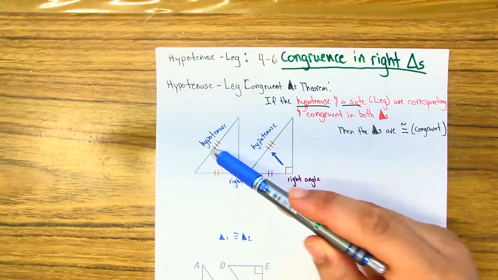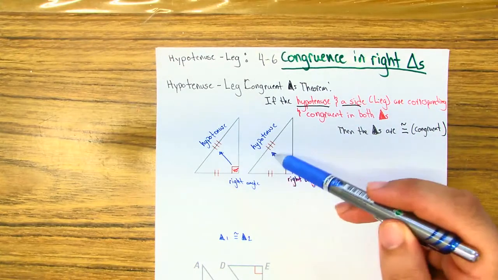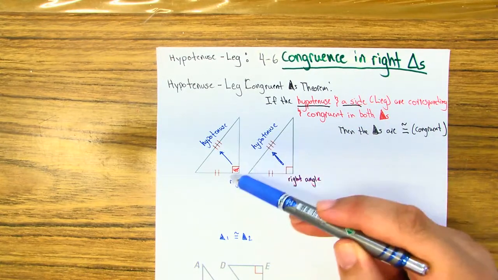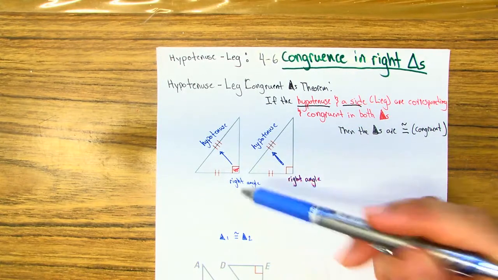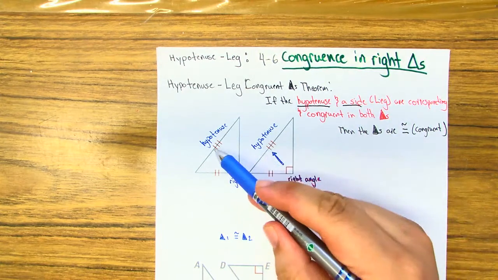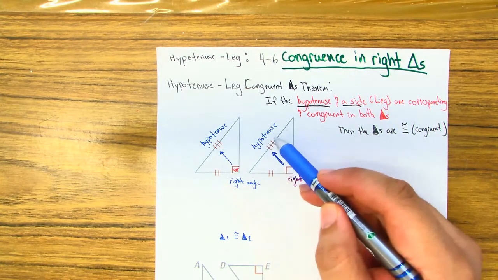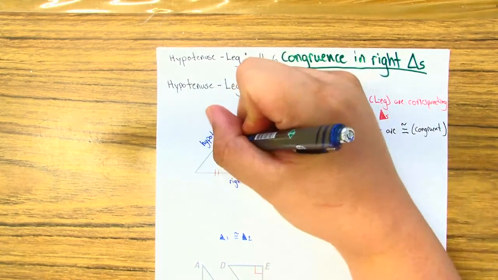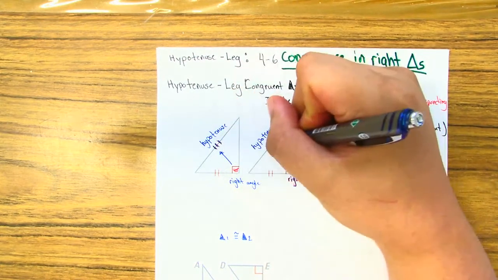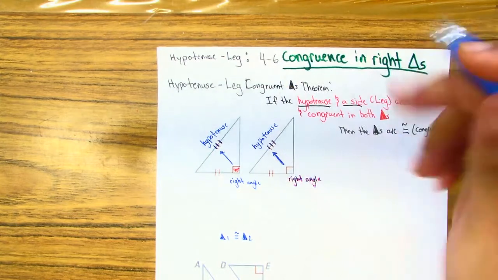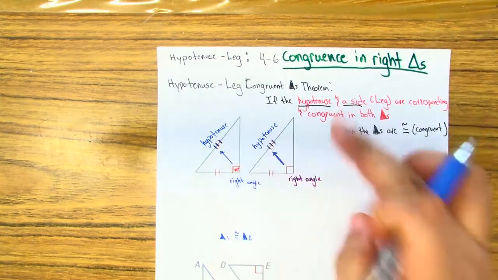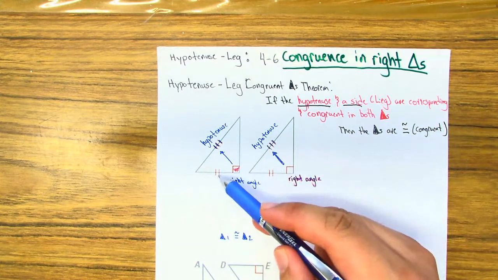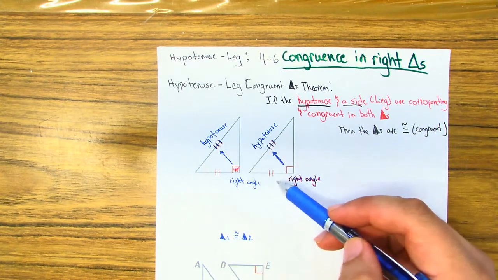Yes, here we have a hypotenuse. How do we know? Because the hypotenuse is always the opposite side of the right angle. You know the hypotenuses are congruent because of the three tick marks here, indicating that they are both congruent to each other. And here is another side that is congruent.